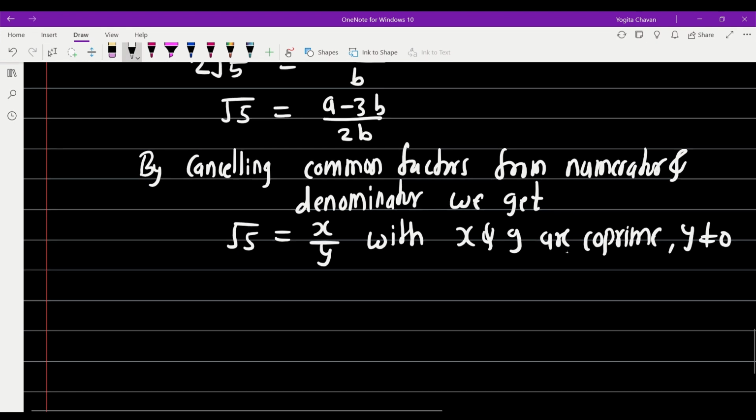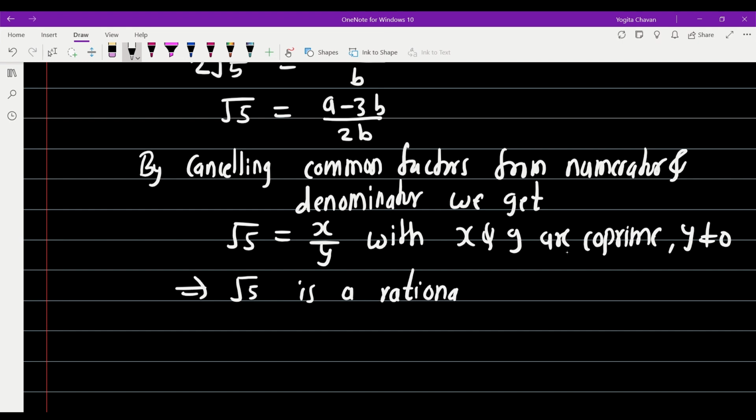So this shows that root 5 is a rational number. Again this is wrong, because root 5 is an irrational number.